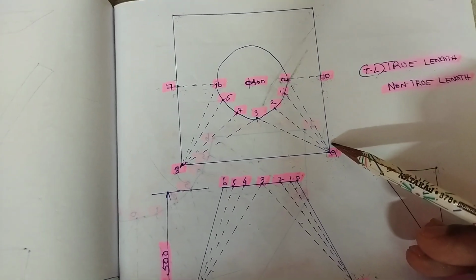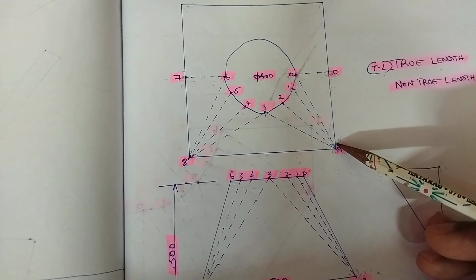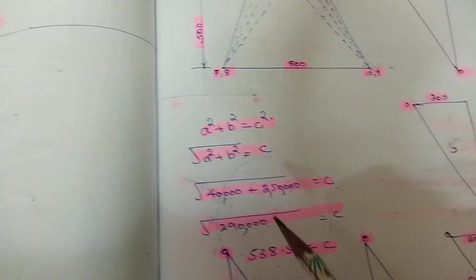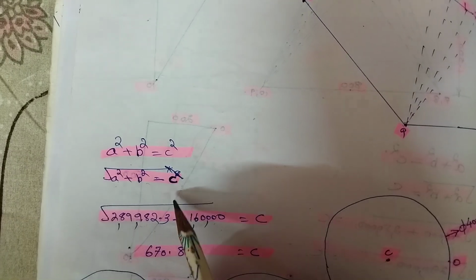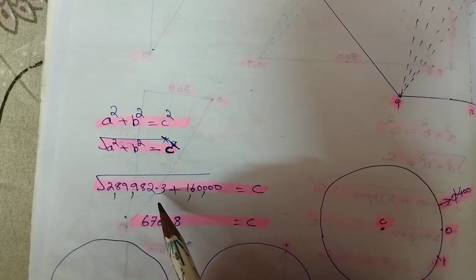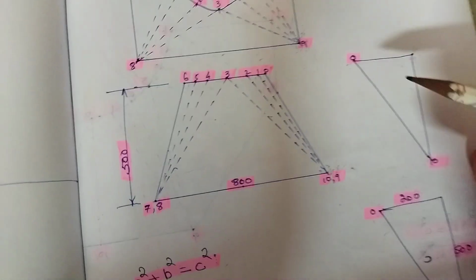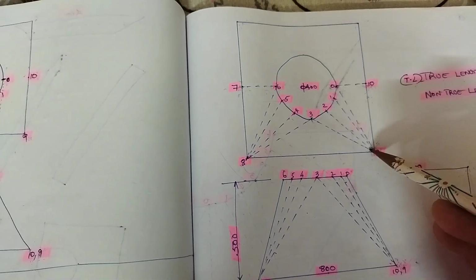Here also we can use the formula a square plus b square is equal to c square, or c is equal to root of a square plus b square. One measurement is 400, from here to here, 400 square.